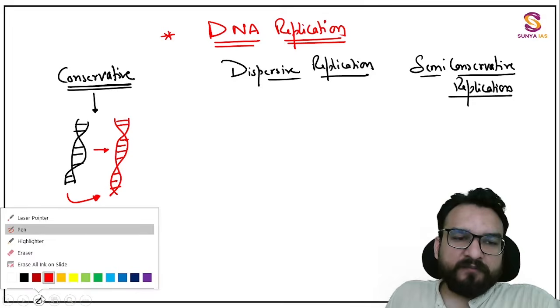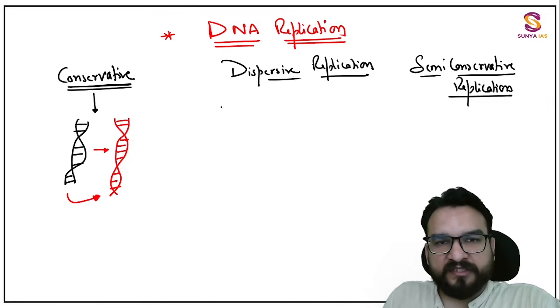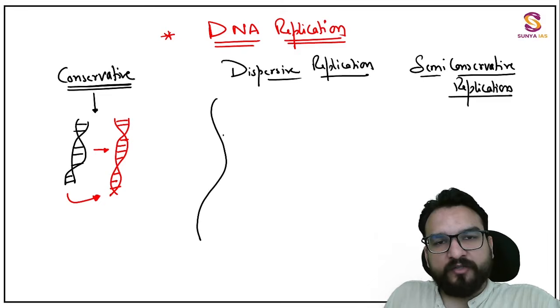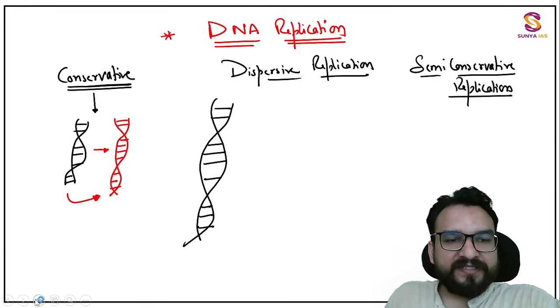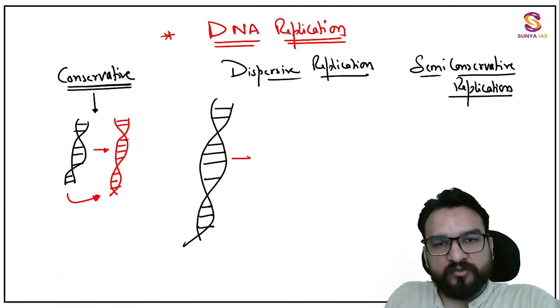The dispersive replication method was suggesting that this DNA molecule, which you are seeing, is getting dispersed into small pieces. So what is going to happen?